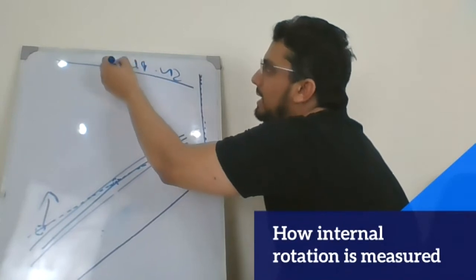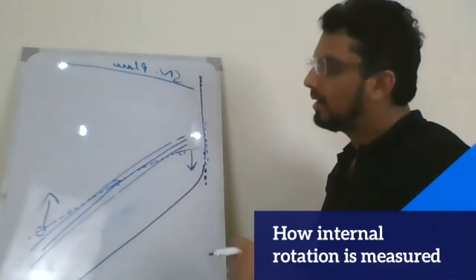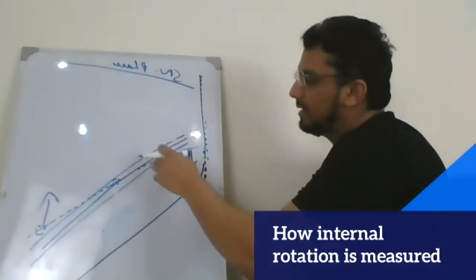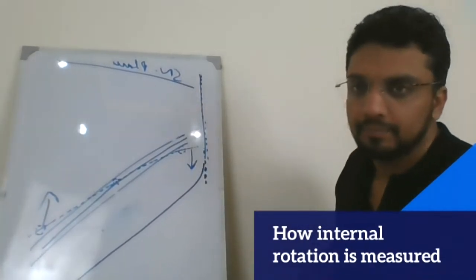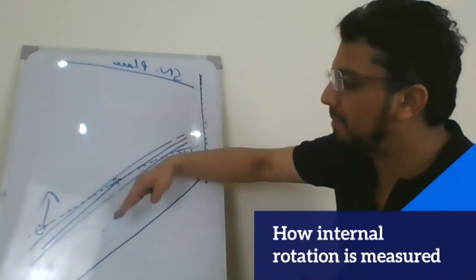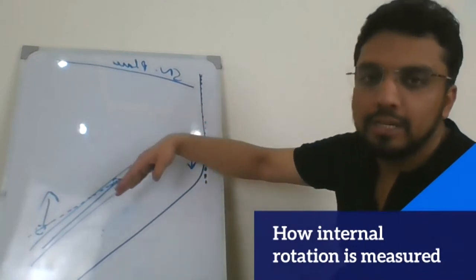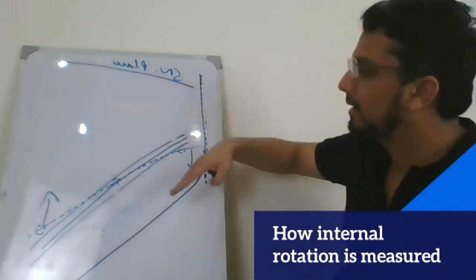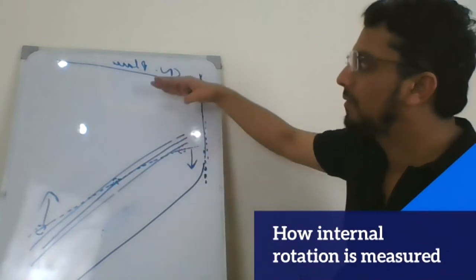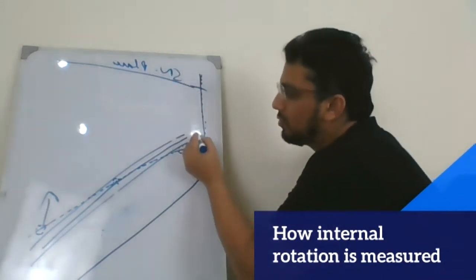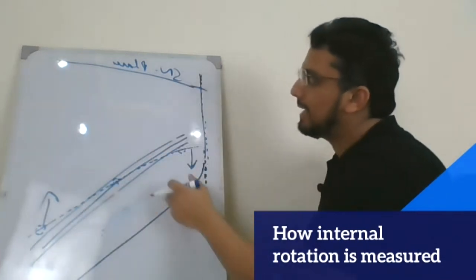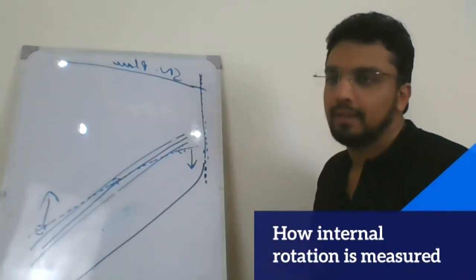So we do measure the internal rotation from the ascent plane to the core of the mandible. How is the core of the mandible changing its orientation? This will be judged from the ascent plane. So from the ascent plane to the core of the mandible, this angle will be described as the internal rotation.